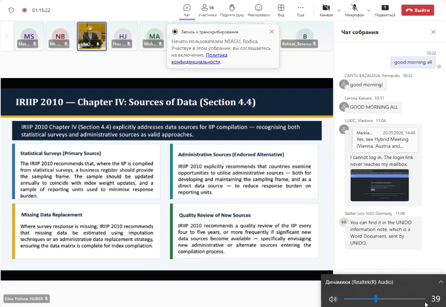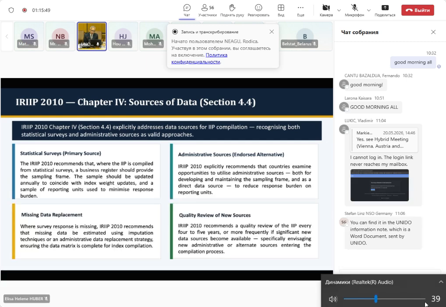But now, because of availability and usability of the administrative sources, we are suggesting that IIP should be more explicit on what are the important administrative data sources that can be tapped for this purpose, and what is the best way to do this.